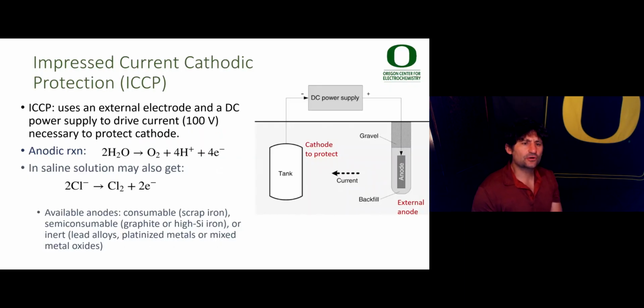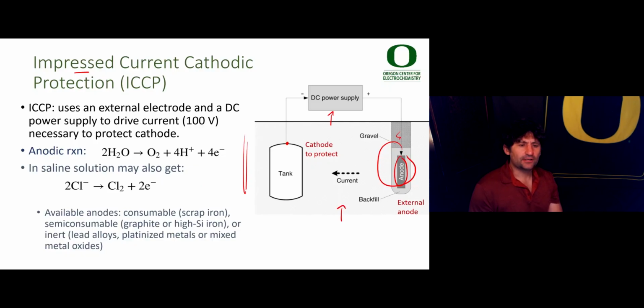There's other types of corrosion protection, for example, impressed current cathodic protection. This can be done even in the ground. You use an external electrode, very large electrode here. This is gravel on top of a large anode. You have a DC power supply, for example, attached to your tank. The ground is an electrolyte, it has some salt and water in it.